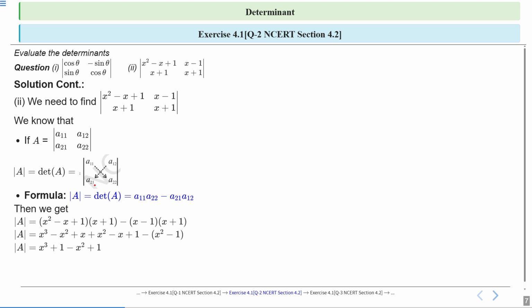So we get x cube plus 1 minus x square plus 1. So the determinant of the matrix x square minus x plus 1, x minus 1, x plus 1, x plus 1 is x cube minus x square plus 2.